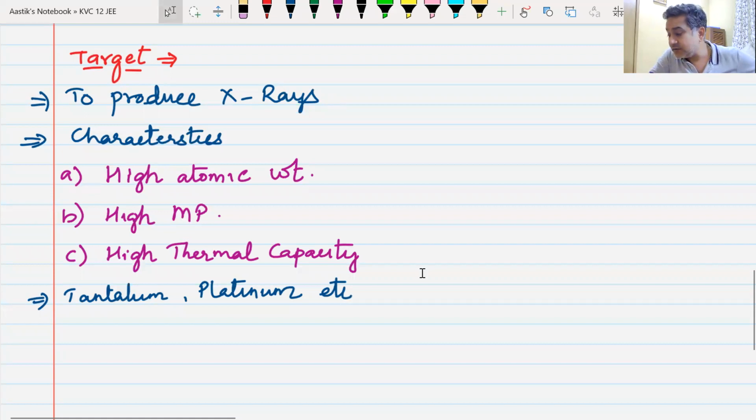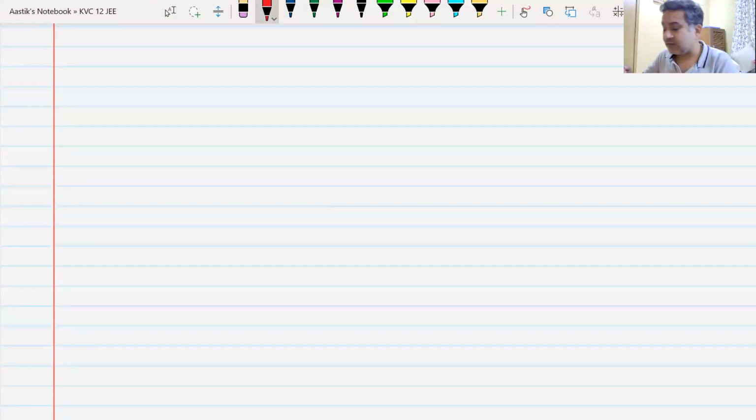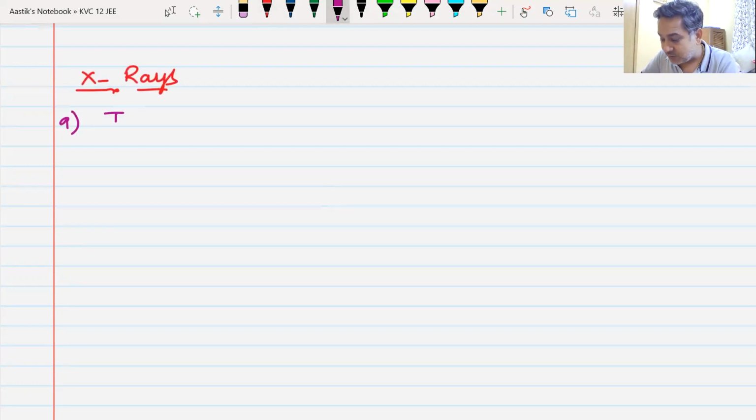Whenever we talk about X-rays, we talk about two characteristics of X-rays. The first characteristic of X-rays is the intensity of X-rays. Intensity means the quantity of X-rays. Intensity means the number of X-rays.